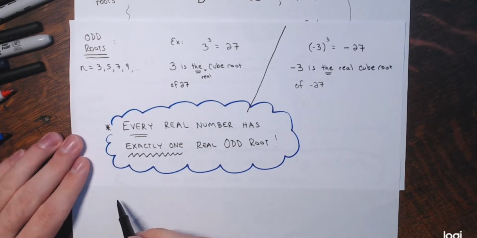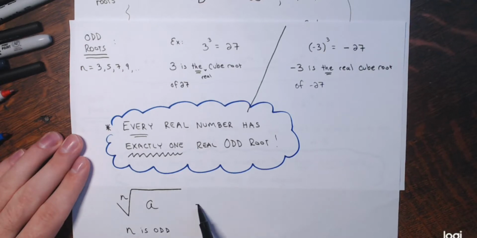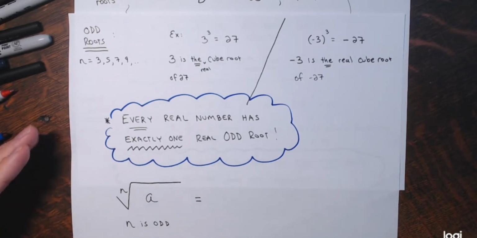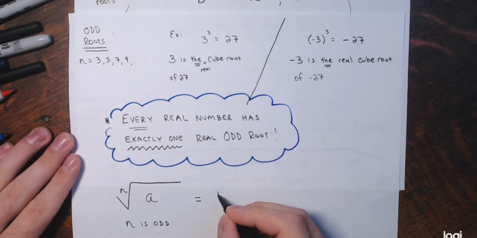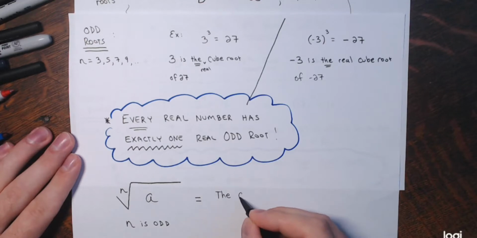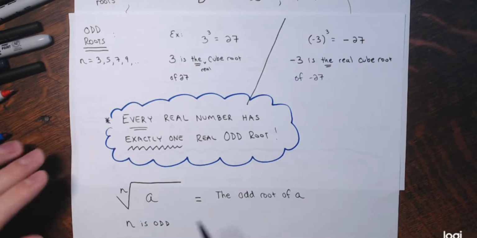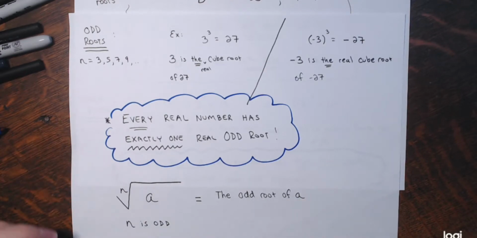So when you see the radical symbol, the nth root of a, and n is odd, okay, the result is just the odd root of a. And this can be positive or negative.